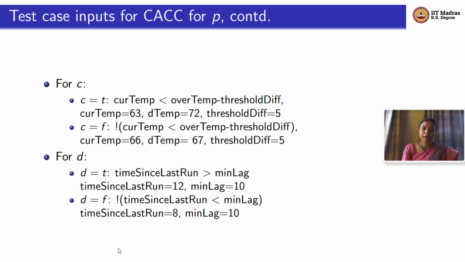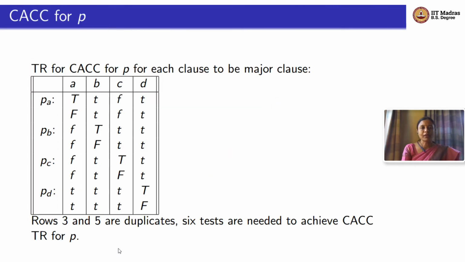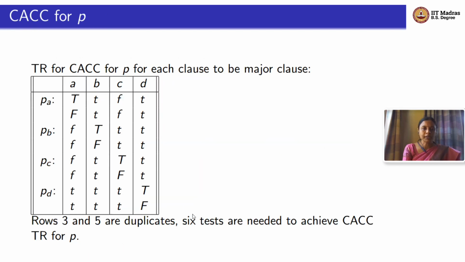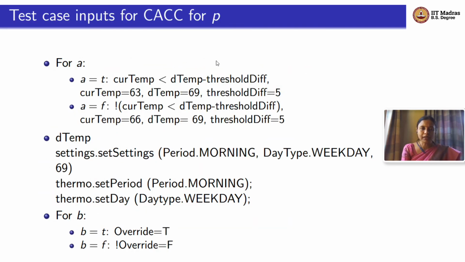Now one important thing that I would like you to remember is we took this predicate, we solved it using the algorithm, we wrote this table, and when we came here, I told you, okay, A is true, A is false, assign values. Current temperature should be some value less than desired temperature minus threshold difference. This was a small enough example.